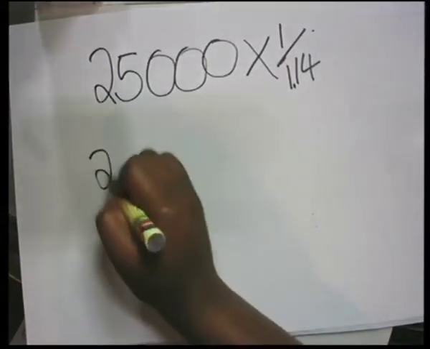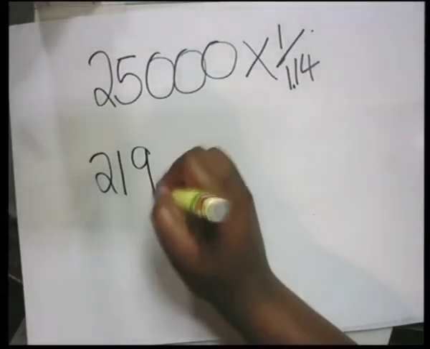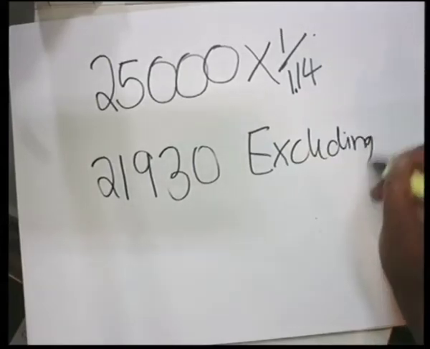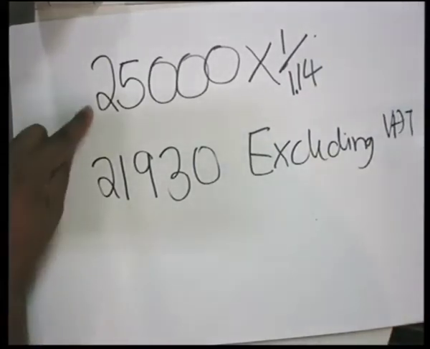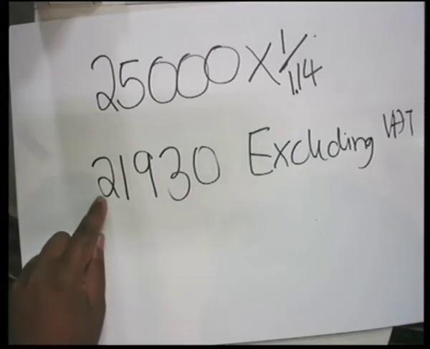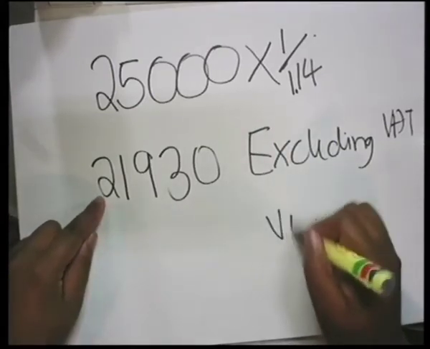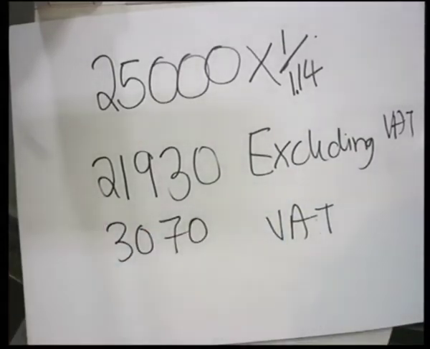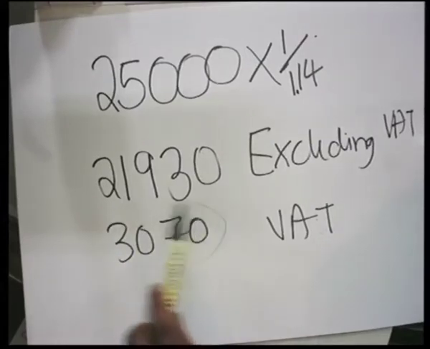Then you will get the amount excluding VAT. This amount that you paid, your 25,000 minus the excluding amount will give you the VAT, which is 3,070, as can be seen on the PowerPoint presentation. So for the second-hand trailer, they had to pay an additional VAT of $3,070.